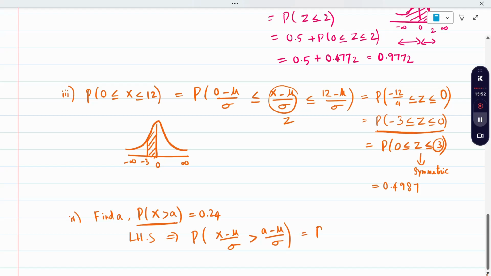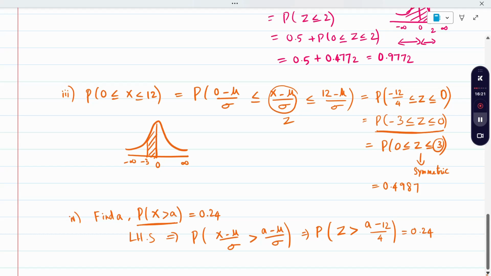It's nothing but probability of z is greater than A; I don't know A, so I will keep it as it is. A minus mu, which is given in the question as 12, divided by sigma, which is 4, equal to 0.24. So what is the meaning? If the question is given like this, the first step is, what we have to do, keep this as it is.